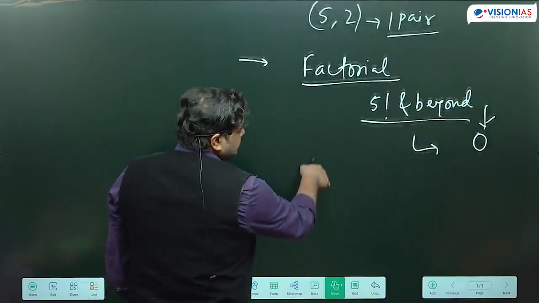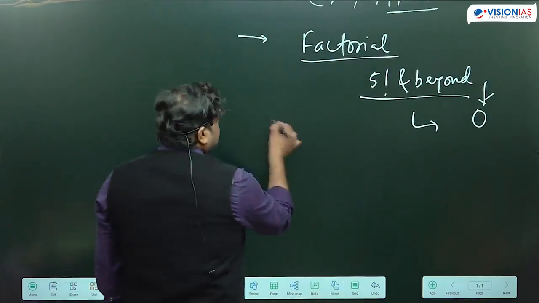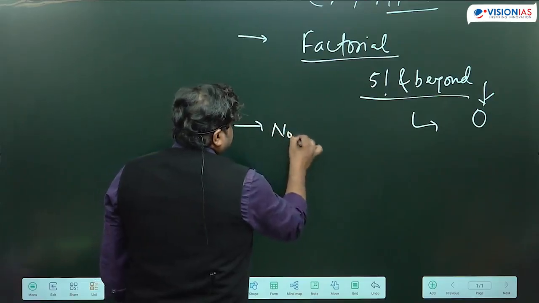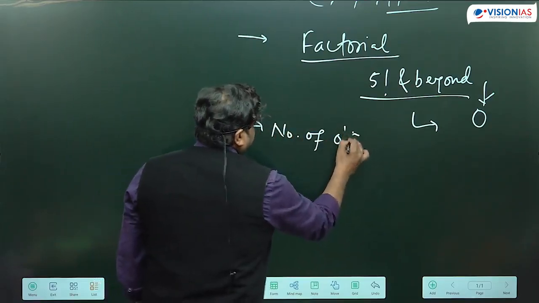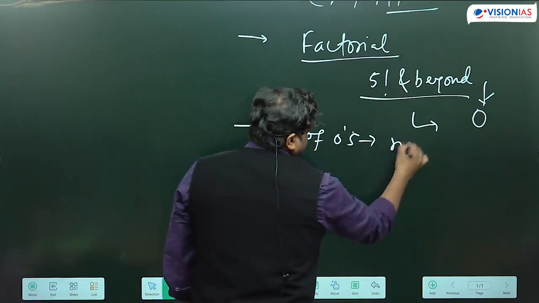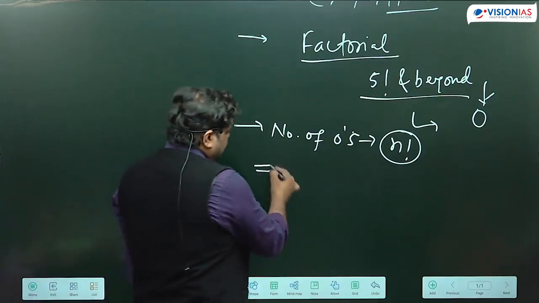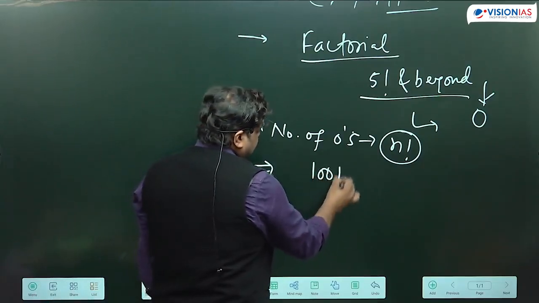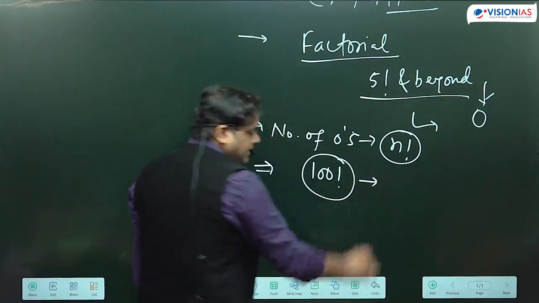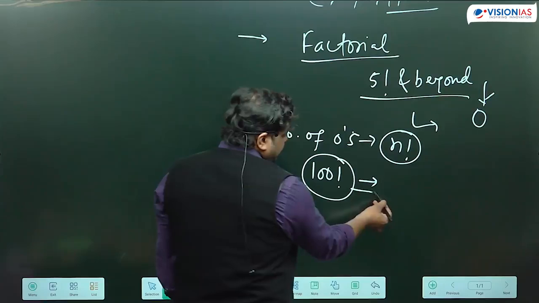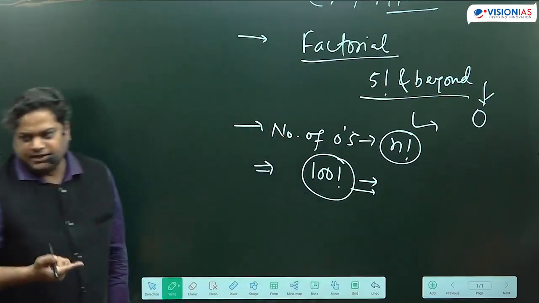After that, what did we discuss? How we can calculate the number of zeros in any number's factorial. If 100 factorial is there and it is asked how many zeros are there at the end, we can simply find out how many 5s are there.